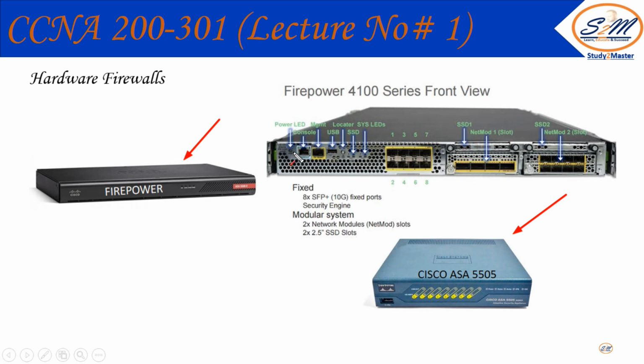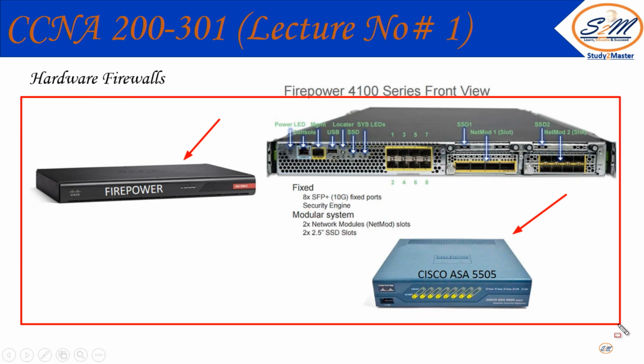These are the slots: power, console cable, management, locator, USB, SSD, system LEDs. These firewalls are called next generation firewalls. All of these are designed in order to prevent unauthorized access and not allow them to get in.